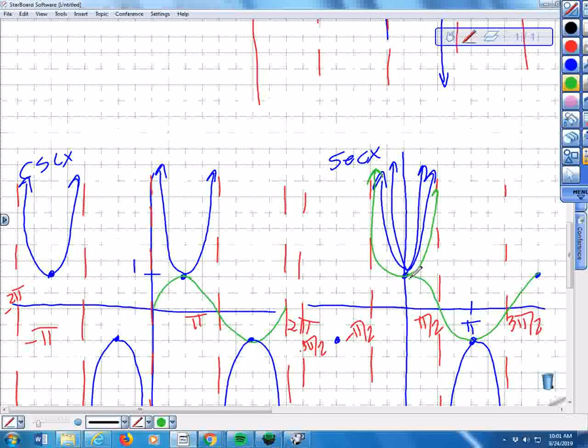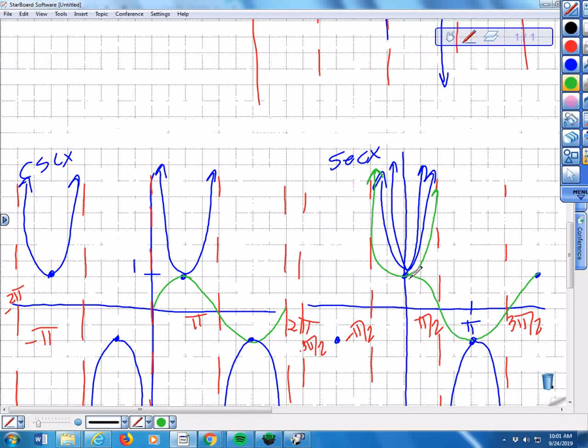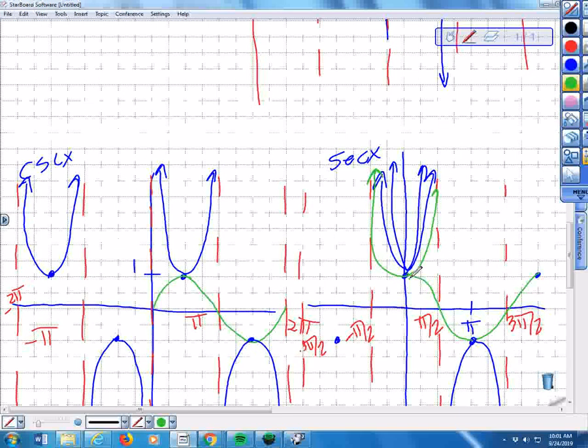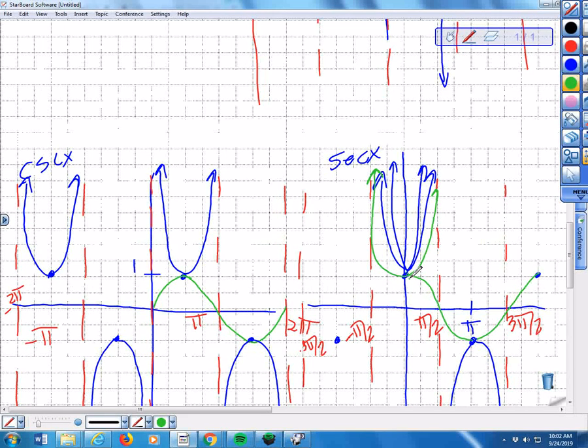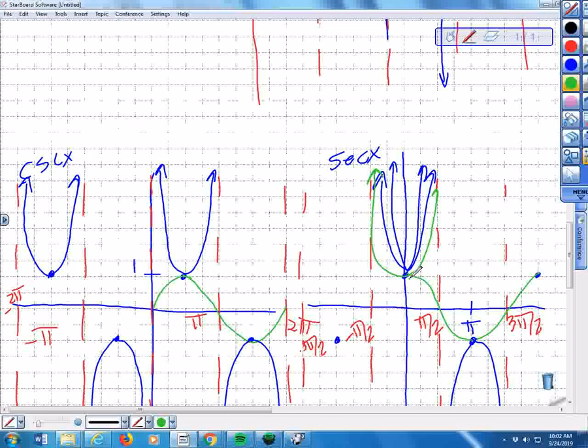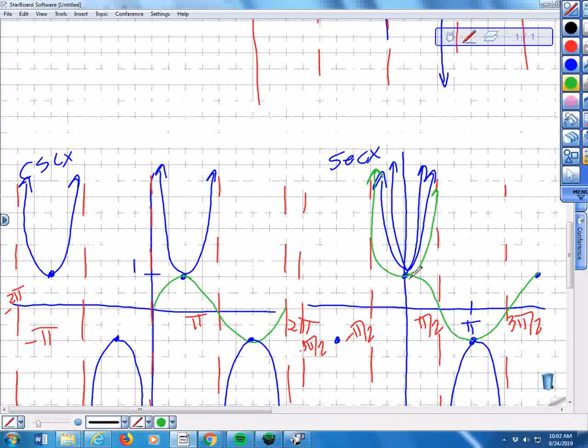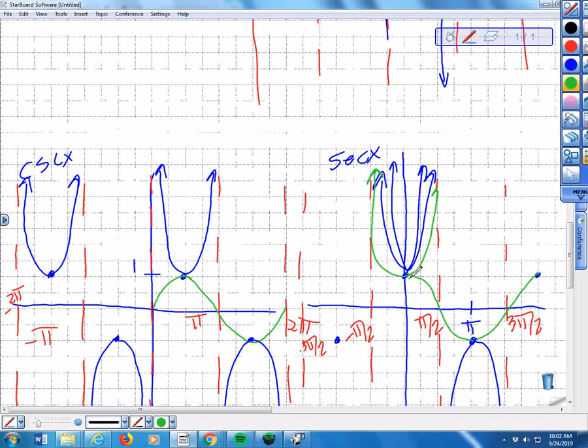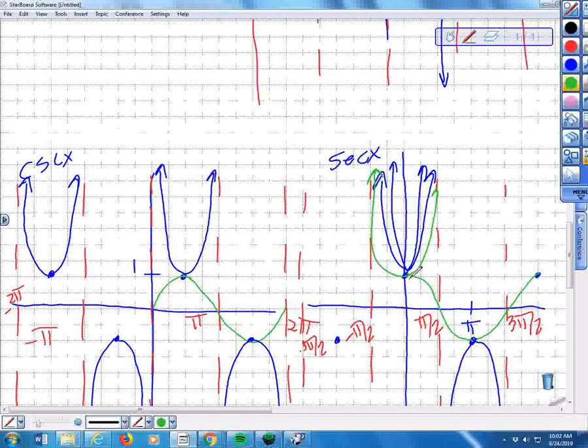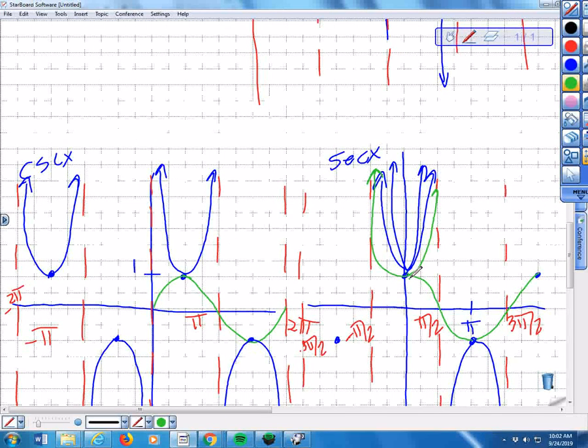This section is going to focus on those 4 graphs and transformations of those graphs. Getting to the point where you can repeat these or even visualize where the asymptotes are in your head will really help you on these problems, going back and forth from graphs to functions. All right.